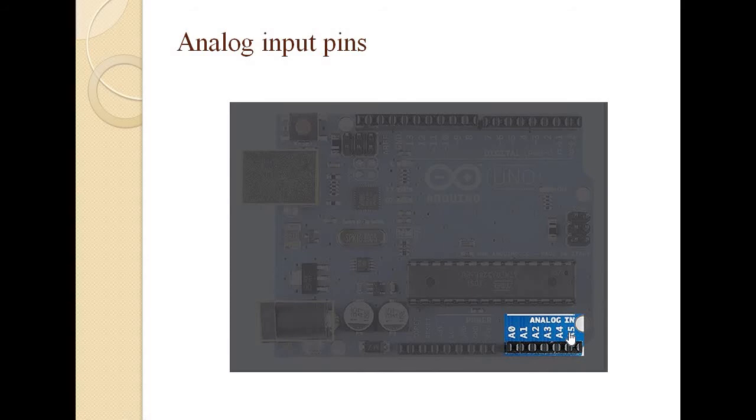These pins just measure the voltage and not the current because they have very high internal resistance. Hence, only a small amount of current flows through these pins. Although these pins are labeled analog and are analog input by default, they can also be used for digital input or output.